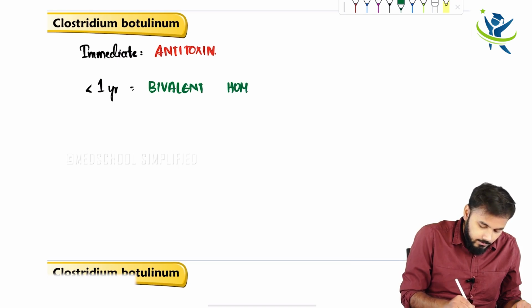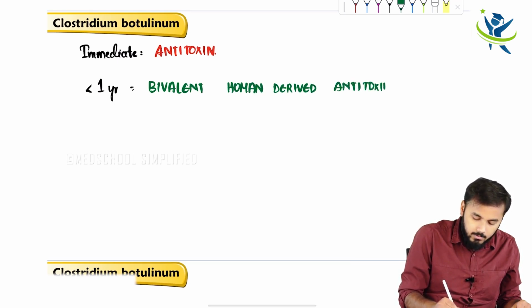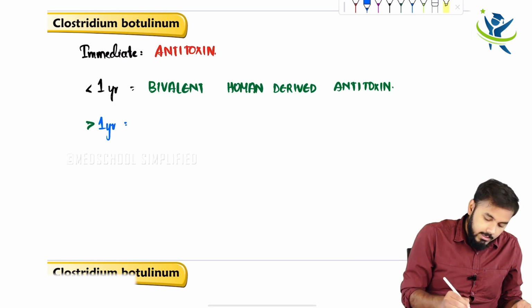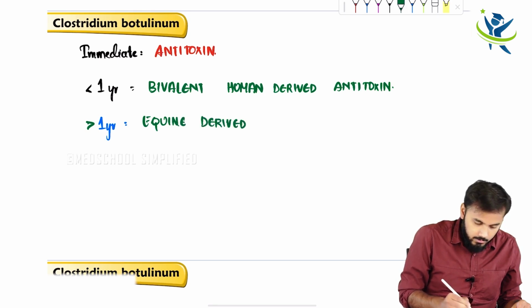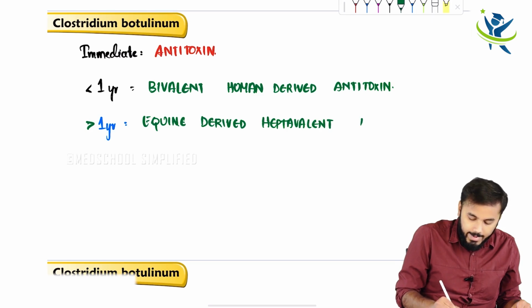the treatment which we give is bivalent human derived antitoxin. If the baby is more than 1 year, then I change the antitoxin, which is equine derived heptavalent antitoxin.